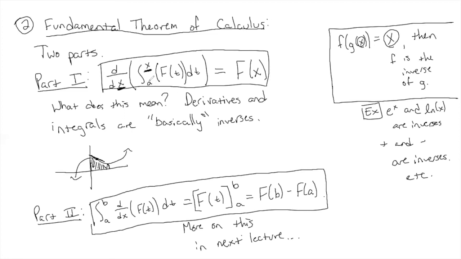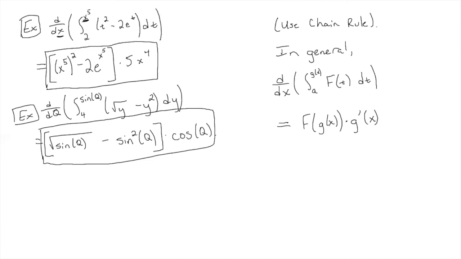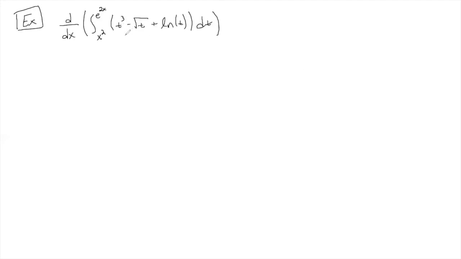A needs to be a constant. And even when we did the chain rule version, I still had a as a constant down here. So I can't have a function of x in the bottom, otherwise this doesn't work. So how do we deal with a function of x being in the bottom? Well, we use our splitting trick. Pick a value and split.